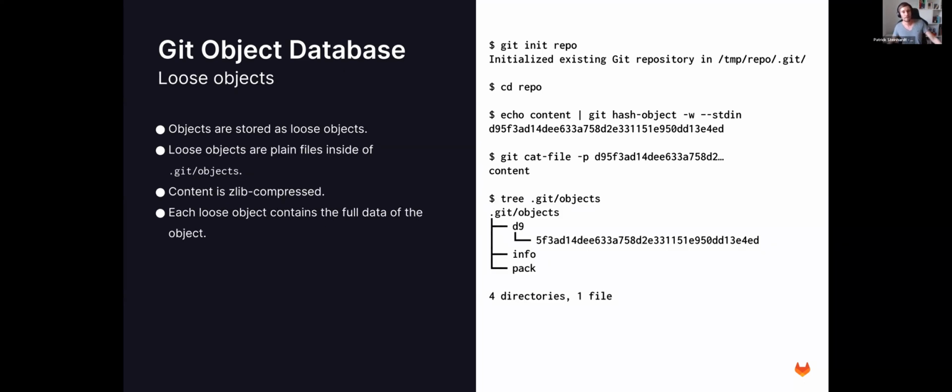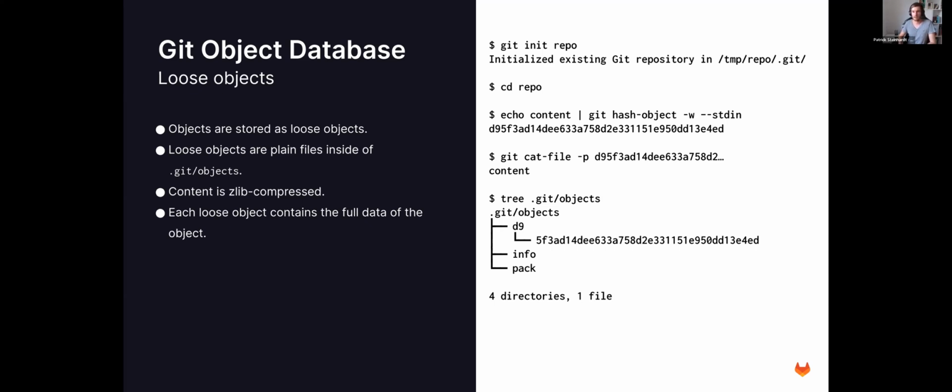So how do those files actually get stored on disk? The first mechanism that Git has is the more pragmatic approach, which is simply loose objects. Each of the objects is initially stored as a loose object, which are simply plain files inside of the .git/objects directory.